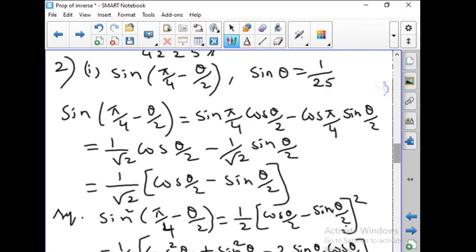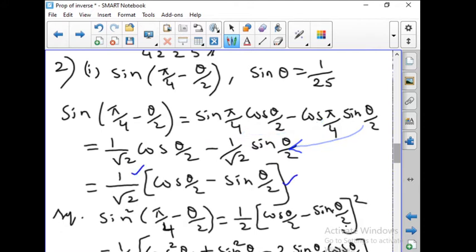Sin pi by 4 is 1 by root 2, so 1 by root 2 into cos theta by 2 minus 1 by root 2 into sin theta by 2. 1 by root 2 is common, take it out: 1 by root 2 into cos theta by 2 minus sin theta by 2.